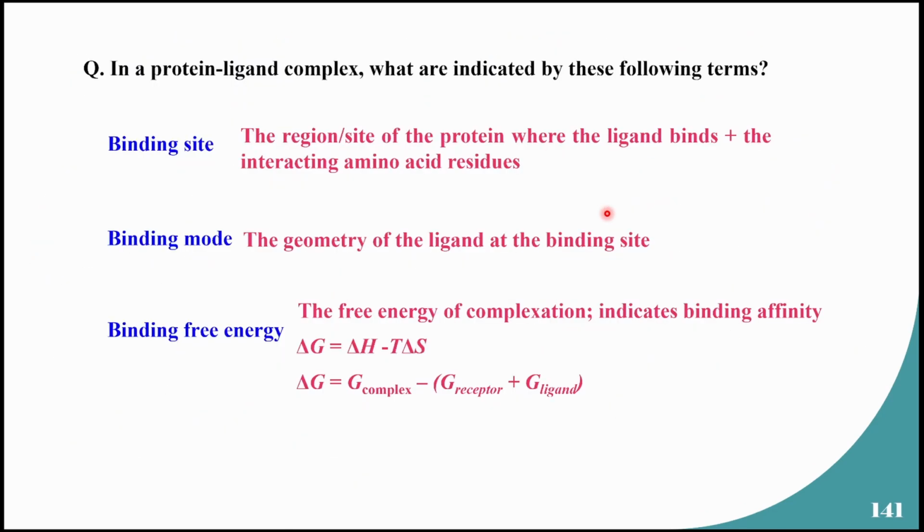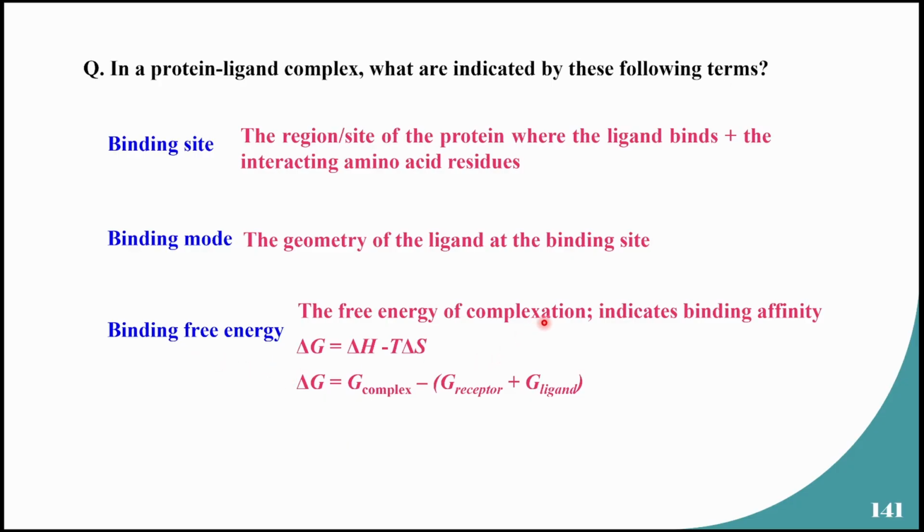So in drug discovery we see that, of course, molecular docking we discussed, and three terms were included there. One is the binding site, which is the region where the molecule is binding. One is the binding mode, which is the particular geometry of the ligand at the binding site, and another is the binding free energy, often indicated in kcal per mole or kilojoule per mole, which is basically the free energy of complexation.